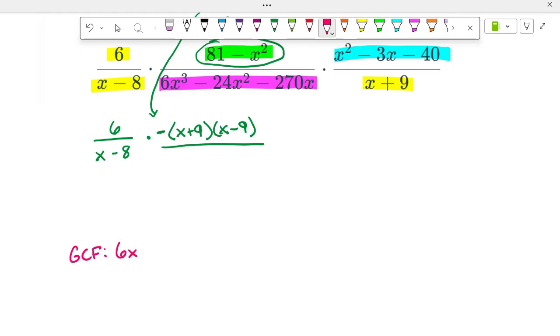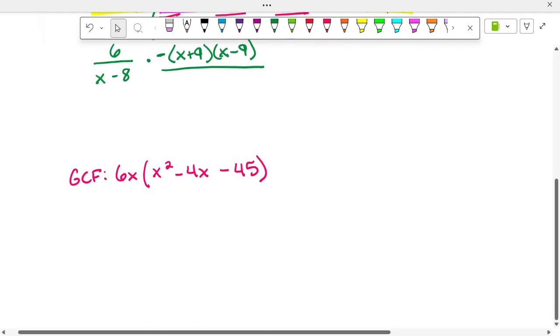So GCF 6x. So I'm going to divide each of these by 6x. So the GCF is 6x, so I'm going to pull that out. So what I have left over is x squared minus 4x minus, what was it, 45, I think?